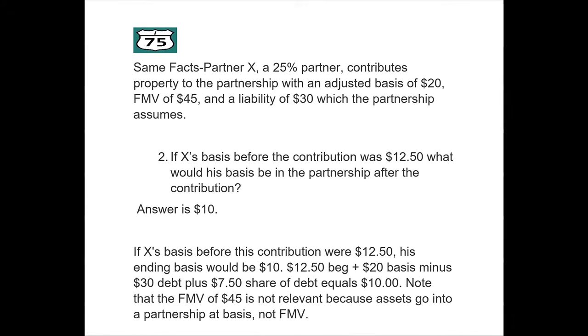And the answer is $10. If X's basis before this contribution were $12.50, his ending basis would be 10 because we'd start with the $12.50 beginning plus the 20 minus the 30 plus $7.50 share of the debt. And that would bring you to $10. Note that the fair value of 45 is again not relevant because assets go into a partnership at basis, not fair market value.